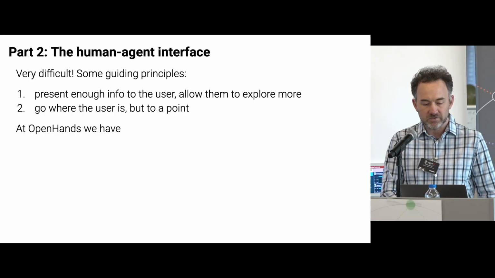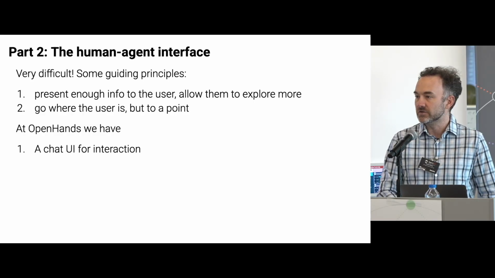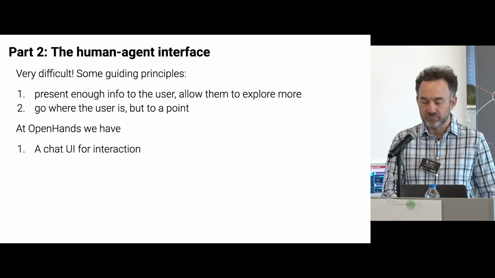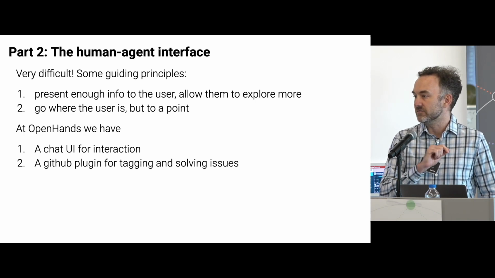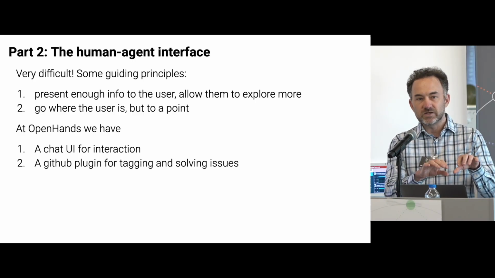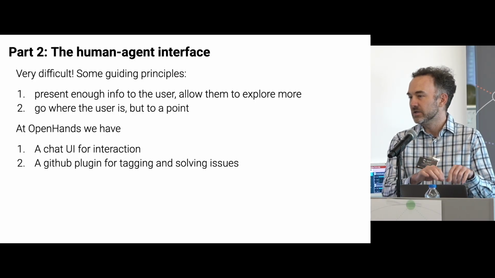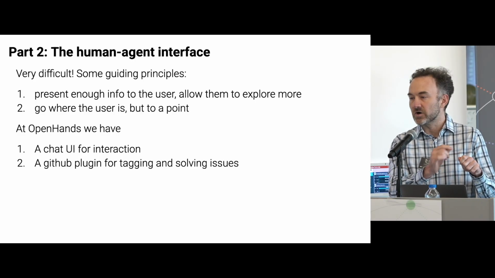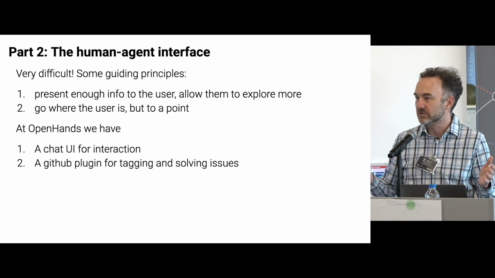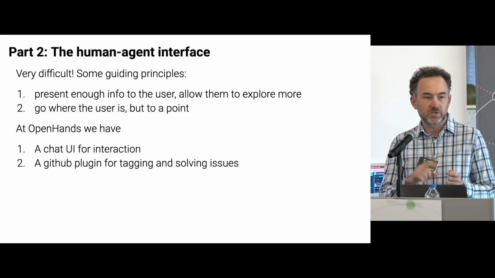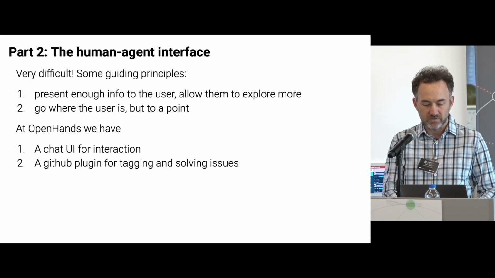What I mean by this is we have a chat UI for interaction, which is what I just showed you before. We also have a GitHub plugin that allows you to tag and solve issues. So you can write @OpenHands on your GitHub, and it will go in and start a session in the interface. And you can either forget about it and come back later, or you can actually click in and see what the agent is doing and other things like this.